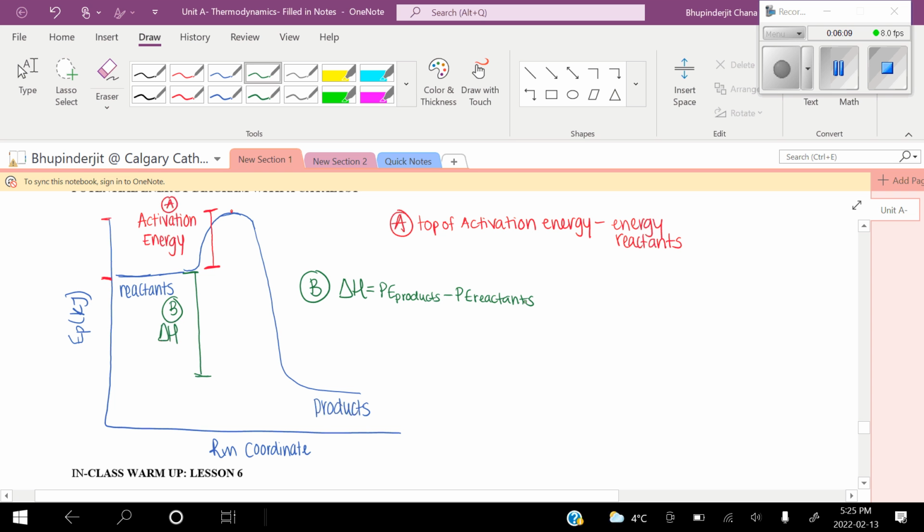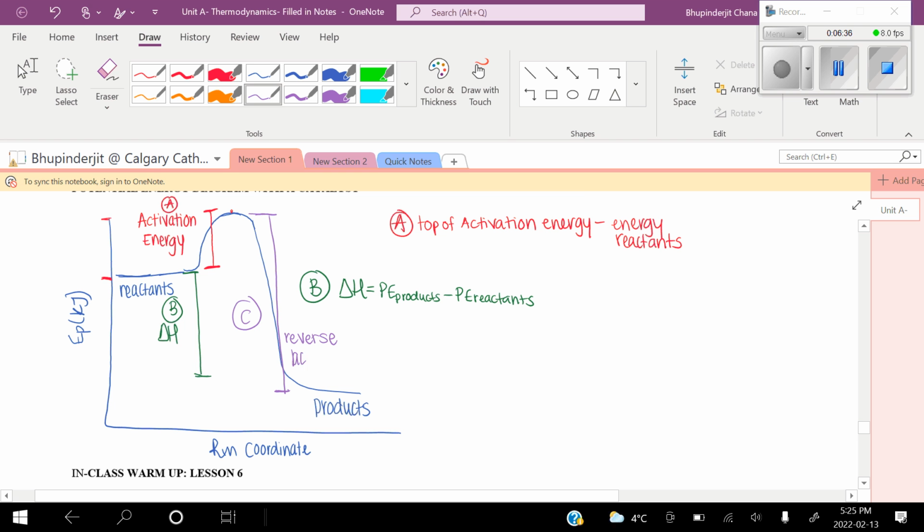And then C, let's do that in purple. From here to here, label that as C, that's your reverse activation energy.